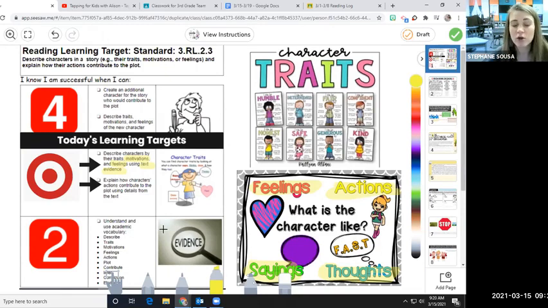Your second goal is new to you. We have not yet done this goal. Explain how characters' actions contribute to the plot using details from the text, okay? So looking at characters' traits and how does that affect the story or change the story, okay? An example would be if we are looking at Spider-Man and there is a villain that is coming to battle Spider-Man.